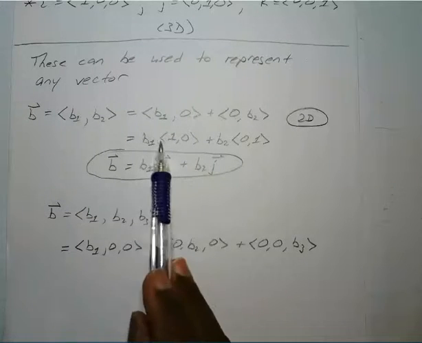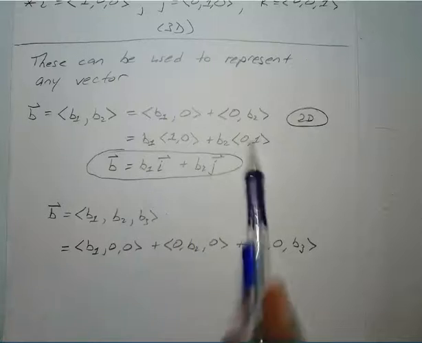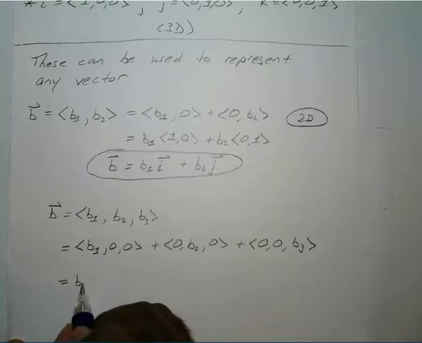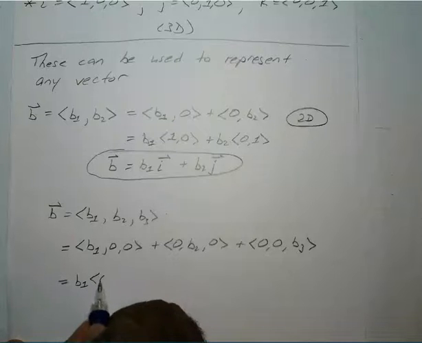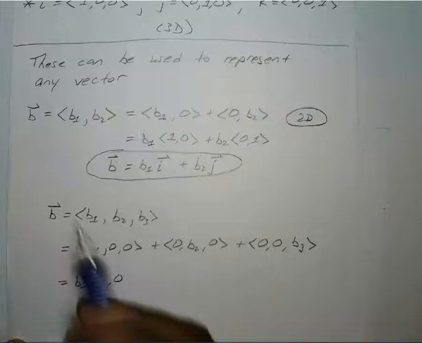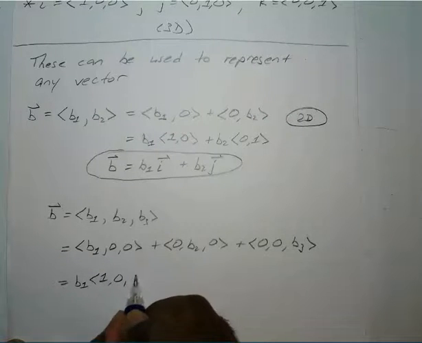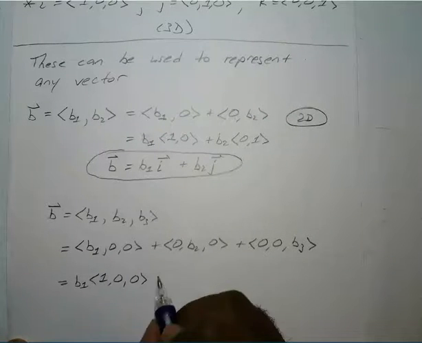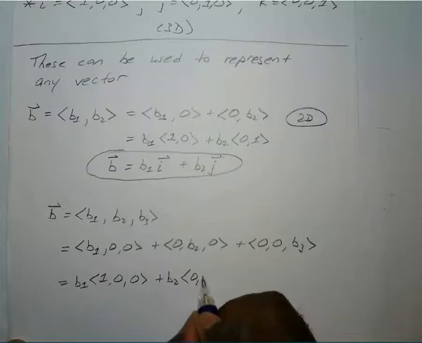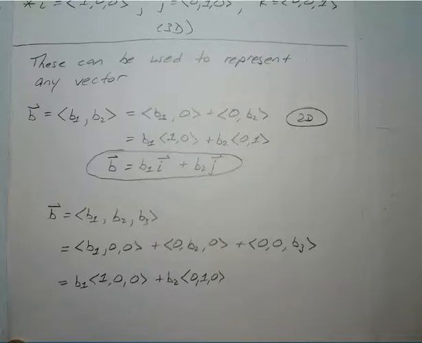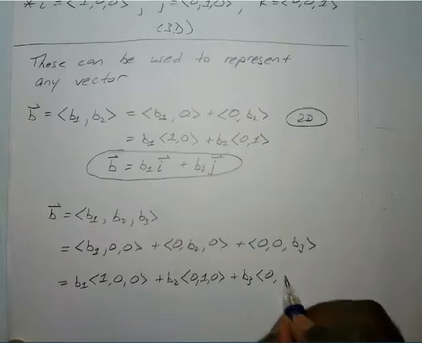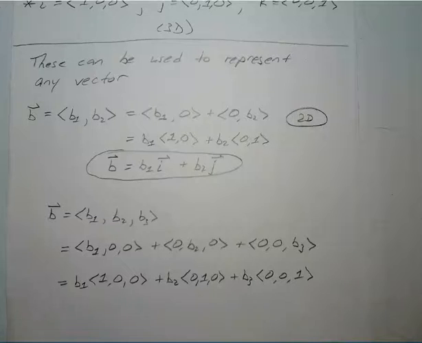Just like here, we can factor out those components and leave just unit vectors. If we factor out component number 1, that leaves (1, 0, 0). If we factor out component number 2, that leaves us with (0, 1, 0). And if we factor out component number 3, that leaves us with (0, 0, 1).